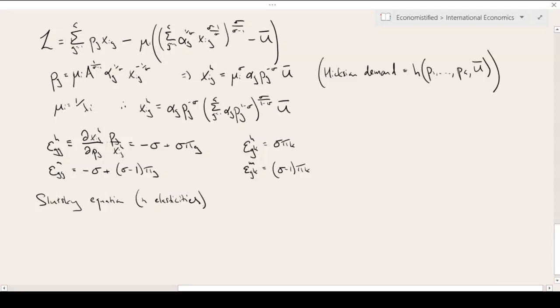So remember, the Slutsky equation tells us how the substitution effects and the income effects combine to give the total effect of a change in price on the change in demand. Although we're writing in elasticities now, so let me just write that. Total effect equals substitution effect and the income effect.